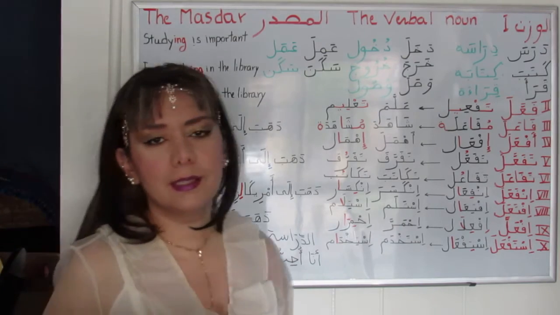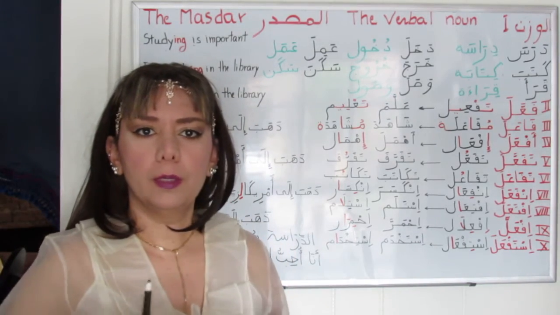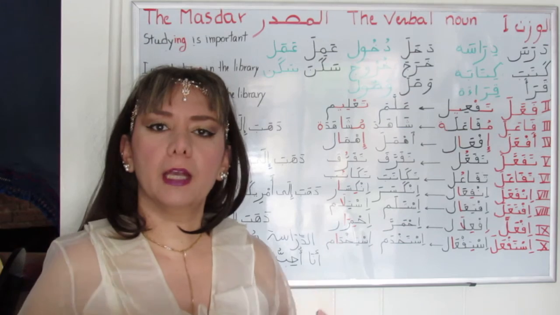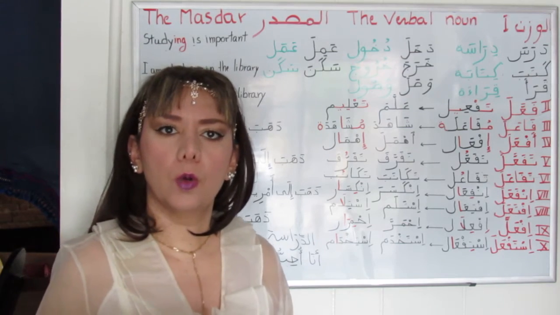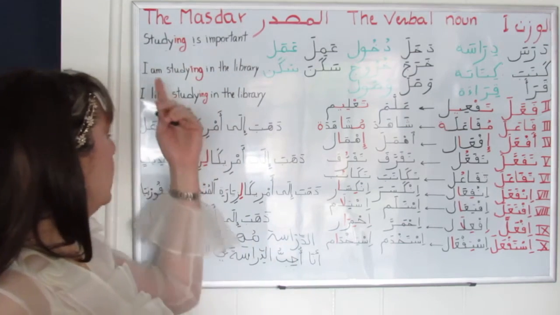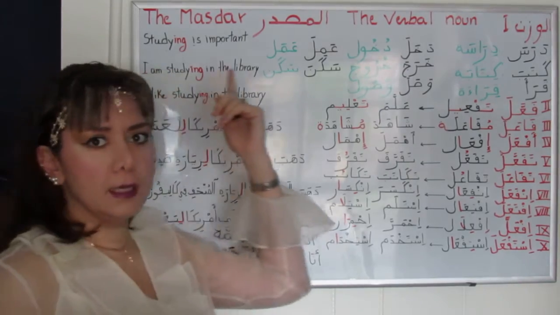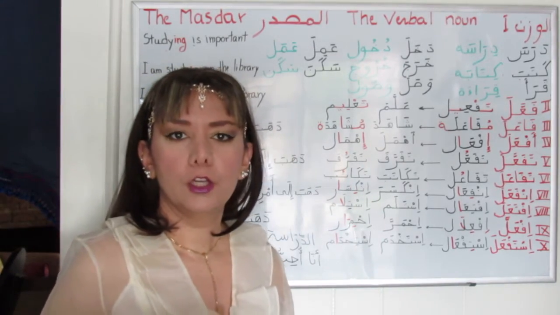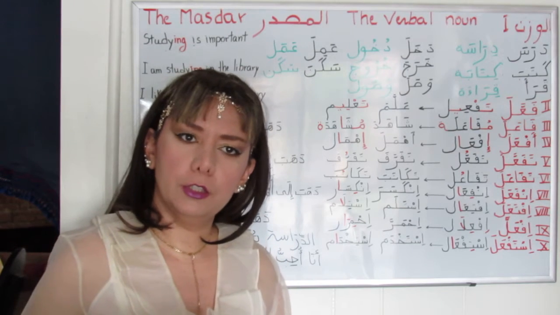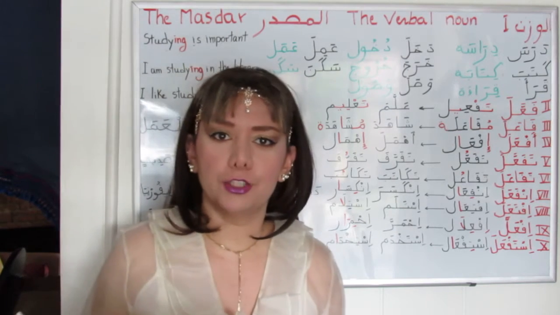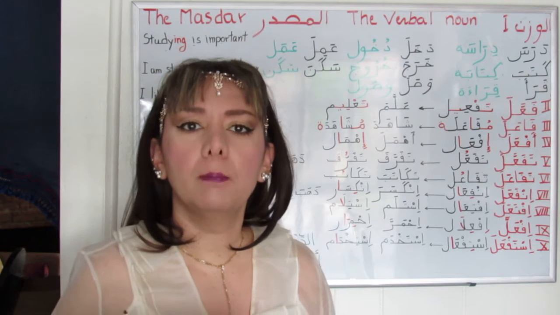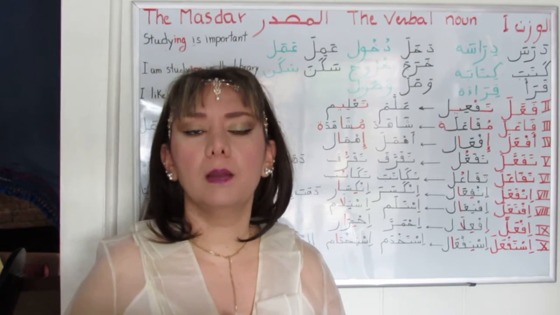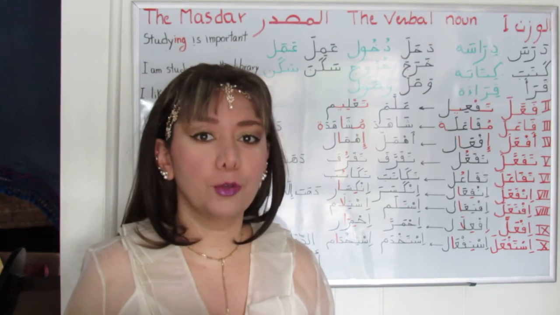So since we said that the verbal noun is the action of a verb, I may say studying is important, or the act of studying. So in English, the form ing or the infinitive may be rendered as al masdar, but not always.